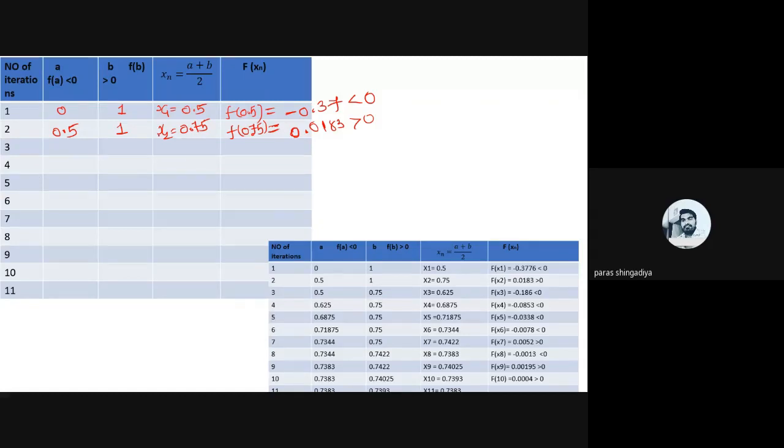So it is positive, so we'll replace 1 by 0.75 and here 0.5 as it is. Consider its average, x3 will be 0.625. 0.5 plus 0.75 divided by 2, you will get 0.625, and check the answer of 0.625 and you will get a negative answer. Let us check this answer in the calculator.